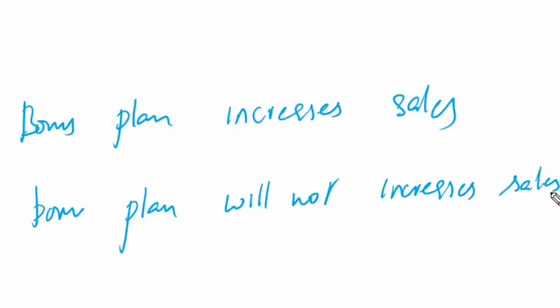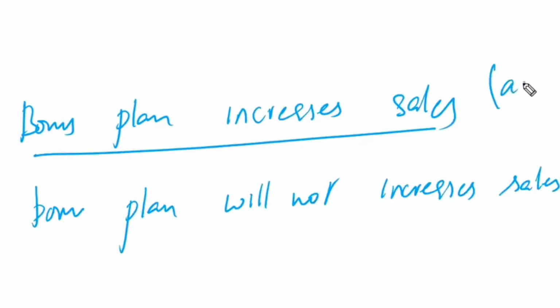Now, which one is null and which one is alternate? First one is the alternate. If this bonus plan increases sales, you have to implement the bonus plan. Action to be taken for this. If the bonus plan will not increase sales, then no need to implement it. No action to be taken. So this is alternate and this is null.